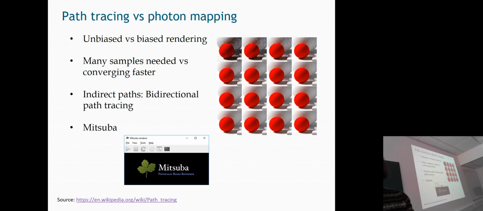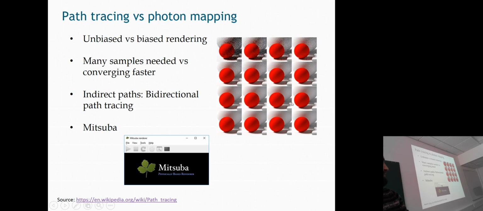And photon mapping is usually said to converge faster to a satisfactory result, while we need many samples for path tracing. Here, I don't know whether you see it well, we have a very noisy image with one sample per pixel, and then we double the samples.